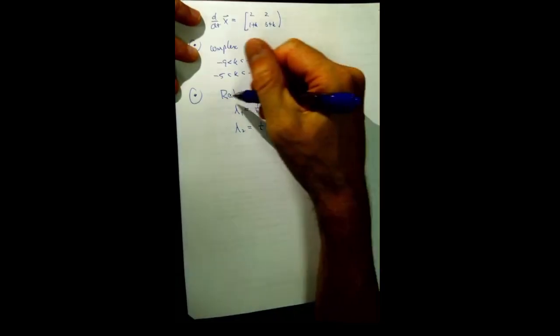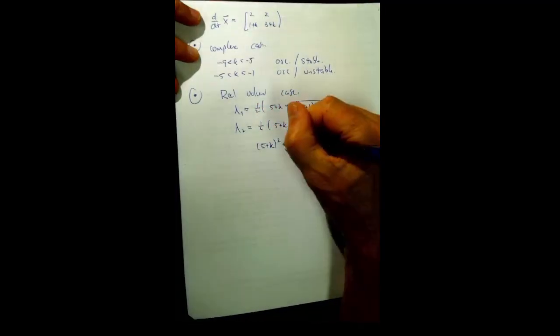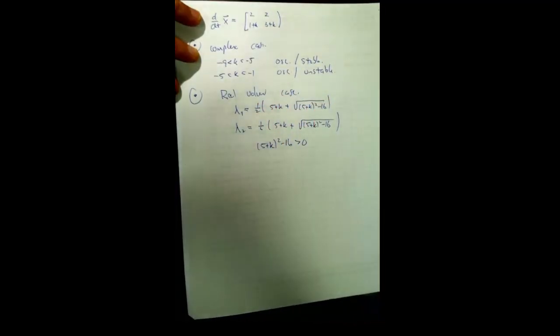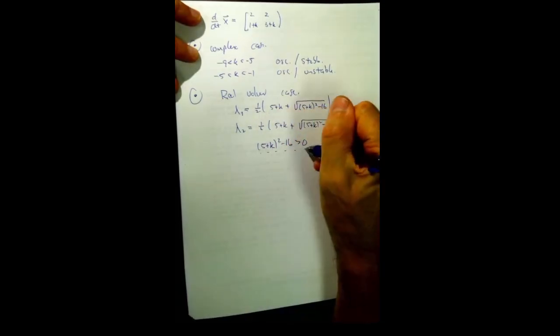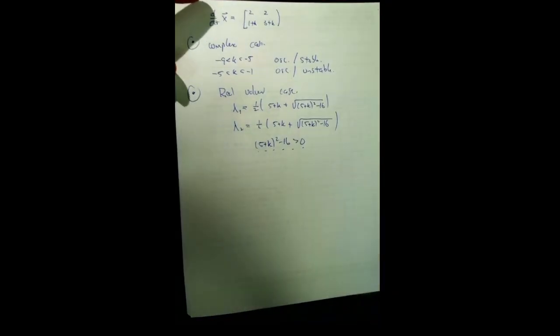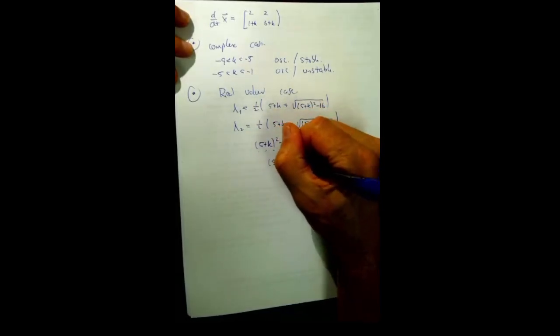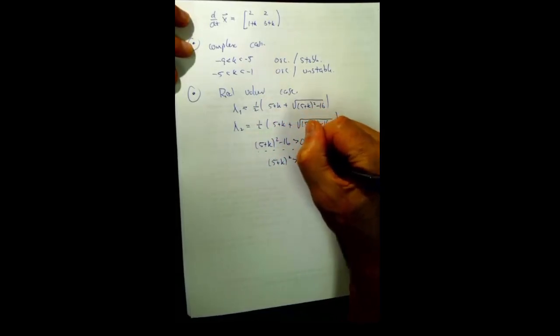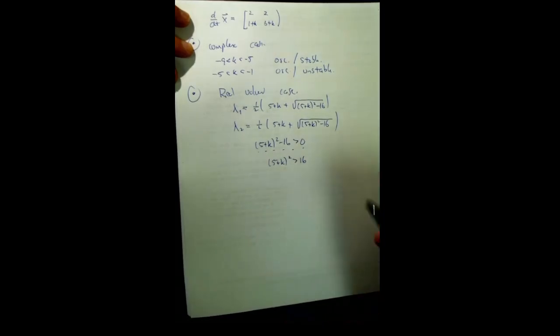We know that since it's real valued, (5 plus k) squared minus 16 has to be positive. And we already saw in the previous case that being able to work with this and knowing what that means is going to be really important. So let's just go ahead and do that now because we know we're going to use it later. Let me add 16 to both sides. So I have something squared is bigger than 16.